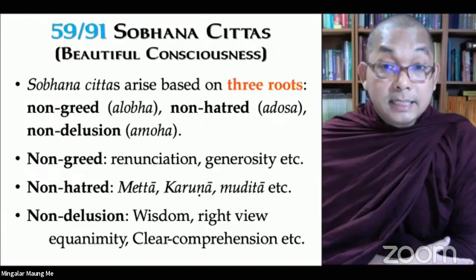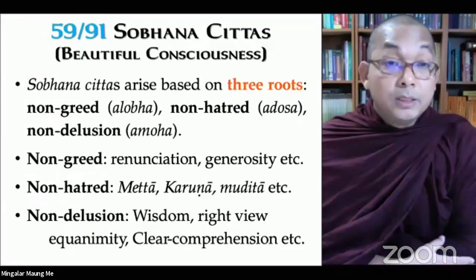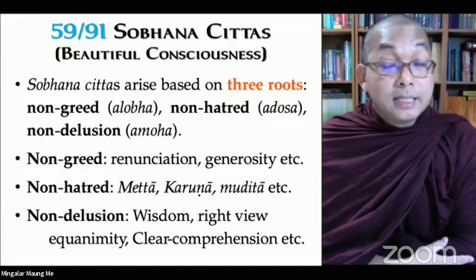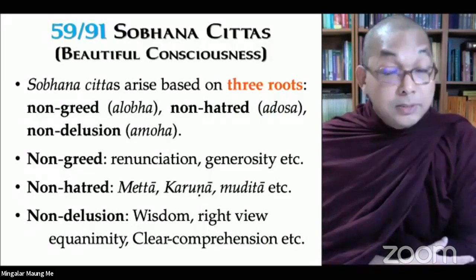Clear comprehension, we call it sampajanna. In the Mahasatipatthana Sutta, and in many suttas actually, the Buddha used the word sampajanna. We must know what we are doing. Now I'm talking, I must know that I'm talking. You are listening, you must know that you are listening.